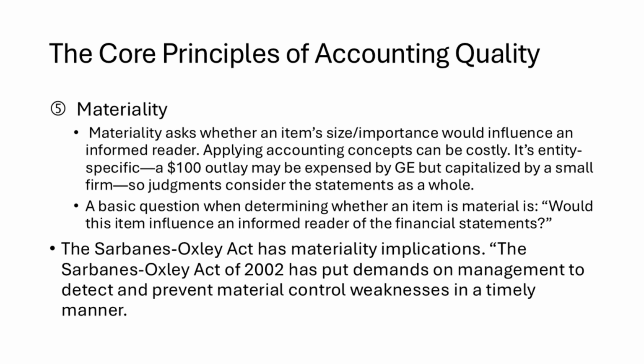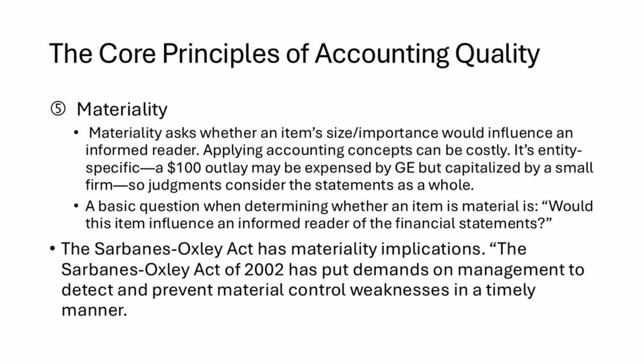It is better to err in favor of an item being material than the other way around. A basic question when determining whether an item is material is: will this item influence the reader of the financial statements? In answering this question, the accountant should consider the statements as a whole.